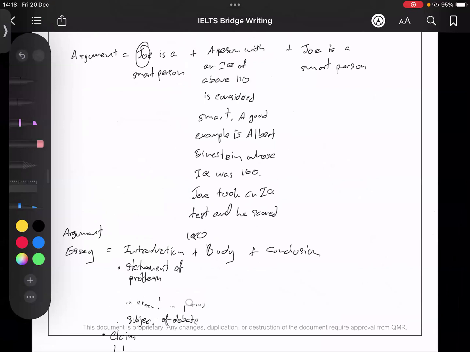Okay, followed by different viewpoint. I'm sorry, subject of debate should come first. Subject of debate.